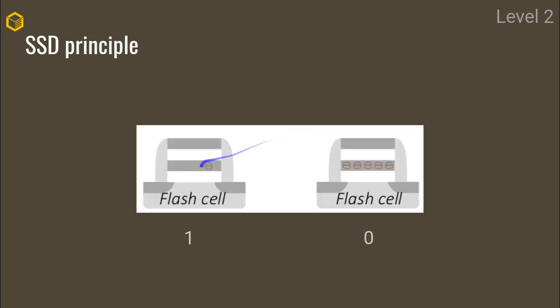So here, let's say I have very, very few charges on my flash cell. Then I would have a different voltage threshold than if I have a lot of charges on my flash cell. And if I have very few charges on my flash cell, if I am storing a single bit, which is what we will assume in the rest of this talk, then this is a 1.